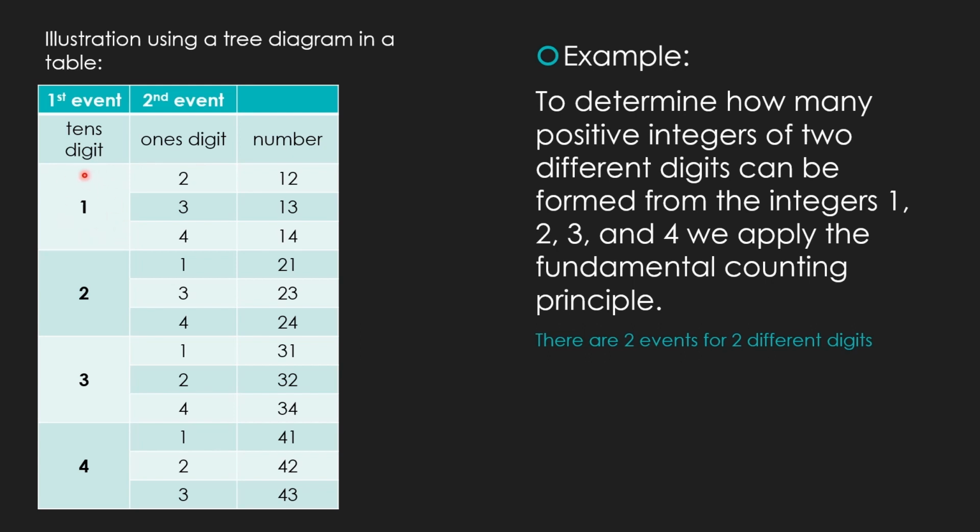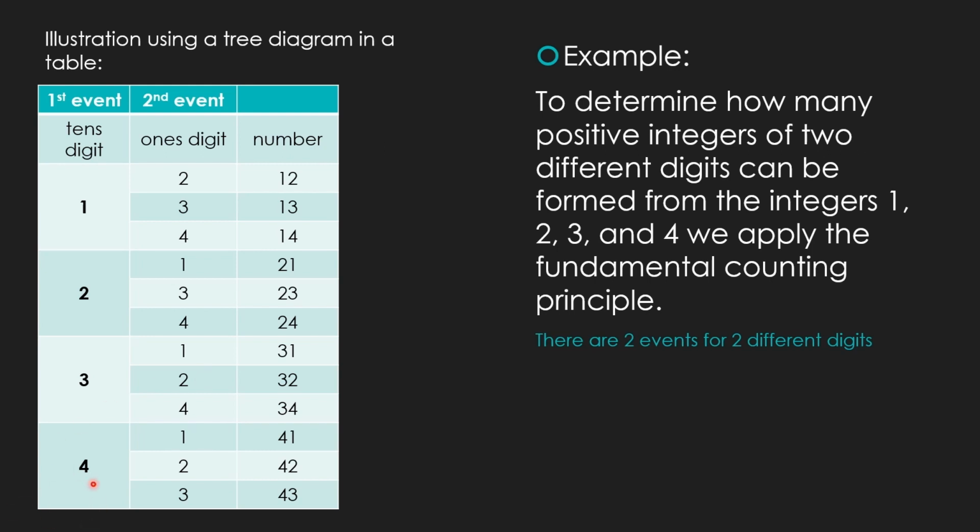Now, if in the first event 2 is chosen, that means on the second event it is not anymore included. It would only be 1, 3, and 4. If 3 is being chosen on the first event, that would also mean that on the second event, 3 is not anymore included, to avoid duplicity or to avoid having the same digit.